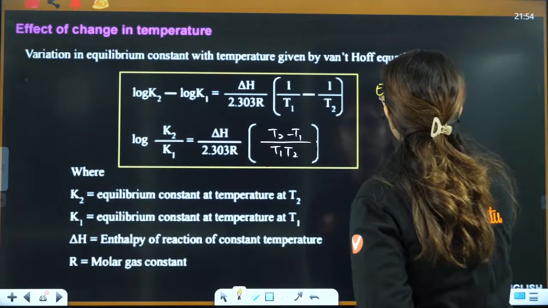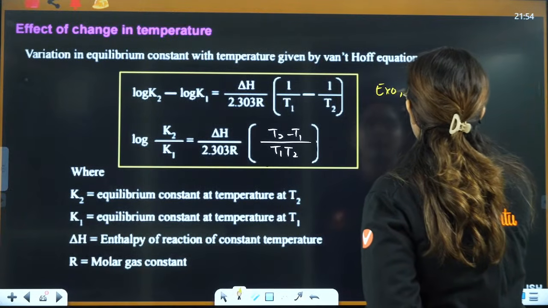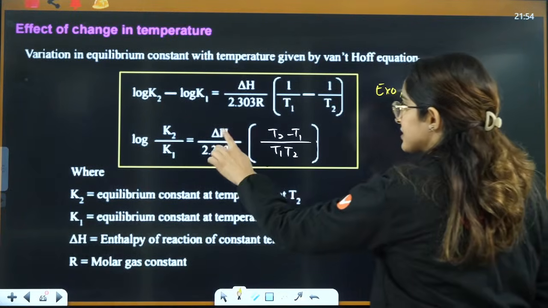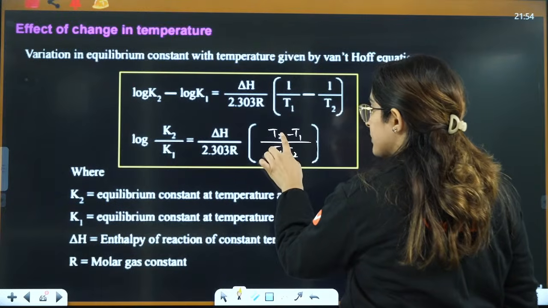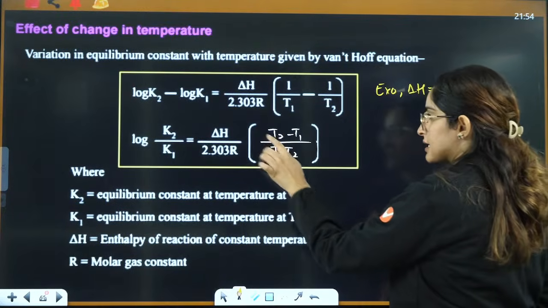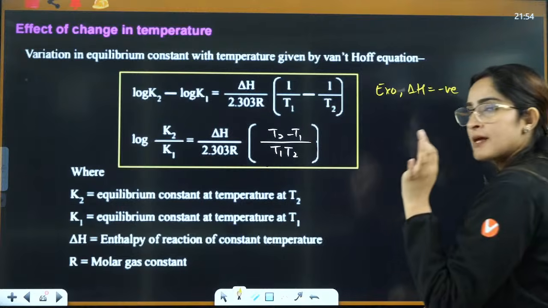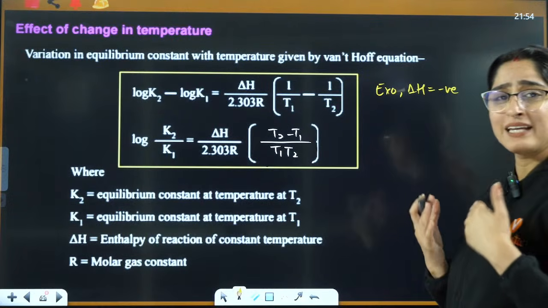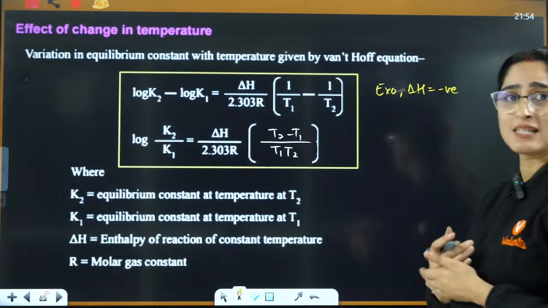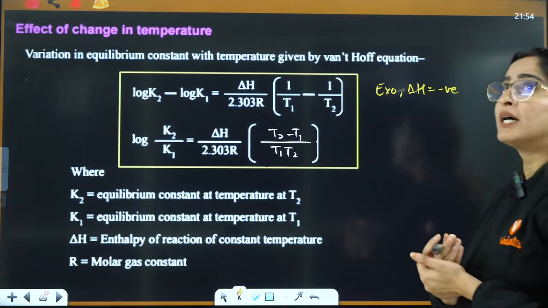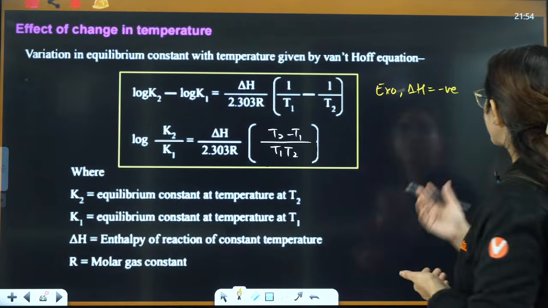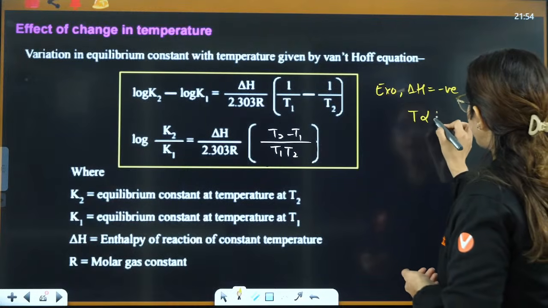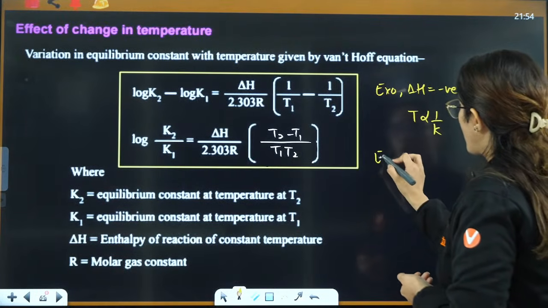If it is exothermic, delta H is negative. If this is negative, this whole thing always will be positive because temperature is increasing. So log K2 by K1 is negative. That means K2 by K1 is less than 1, that means K2 is less than K1. That means for exothermic, temperature and K are inversely proportional.